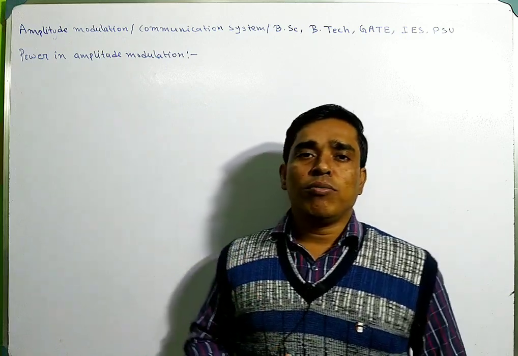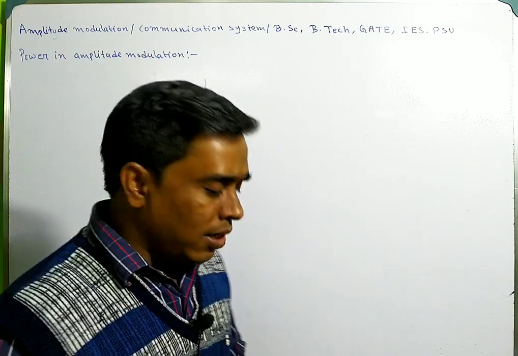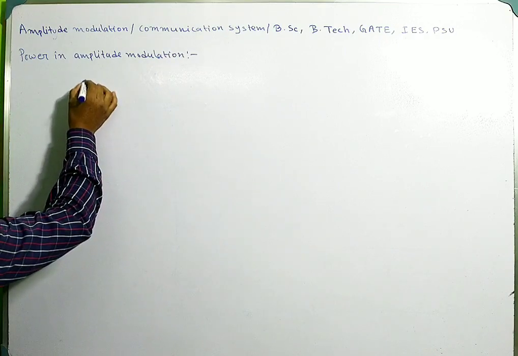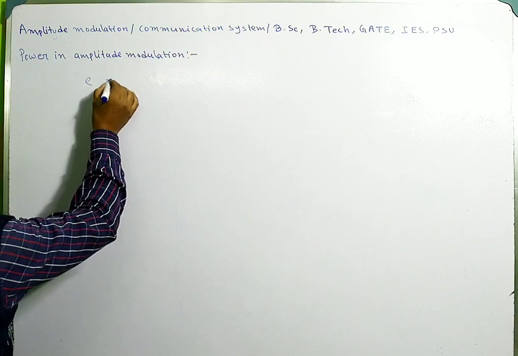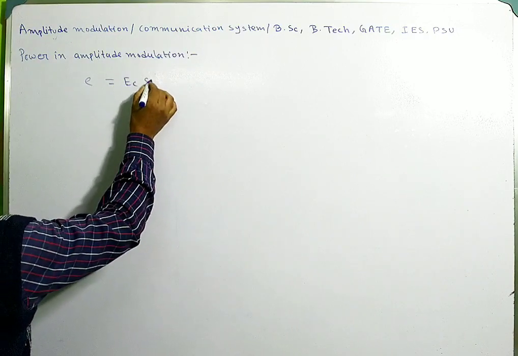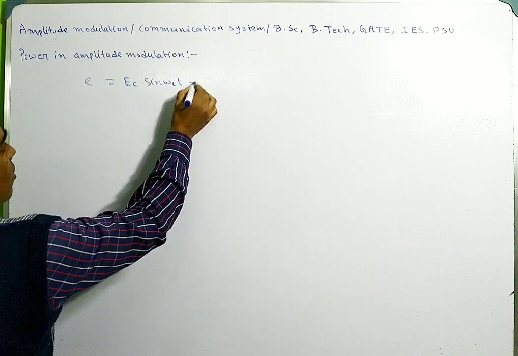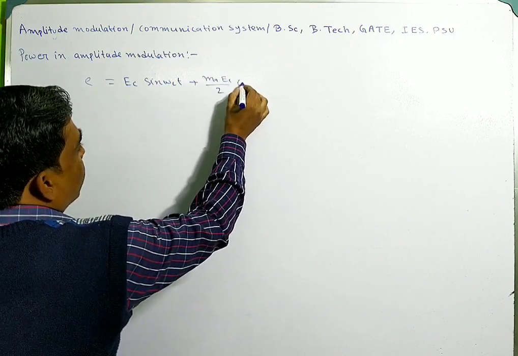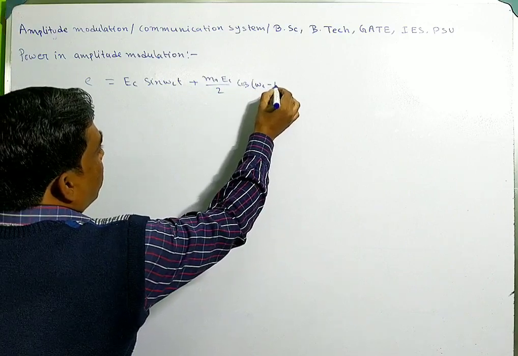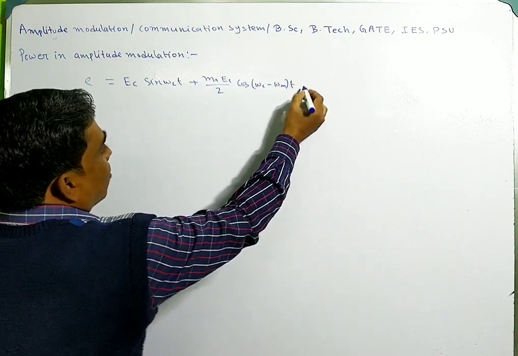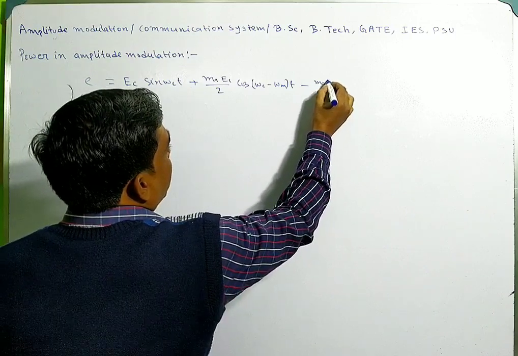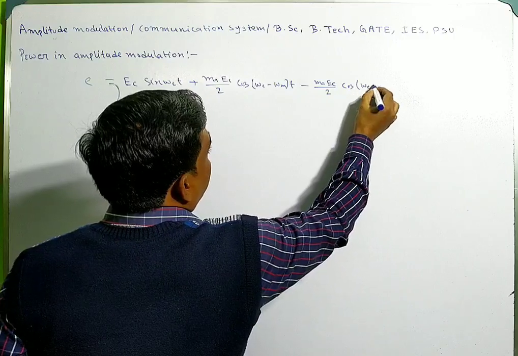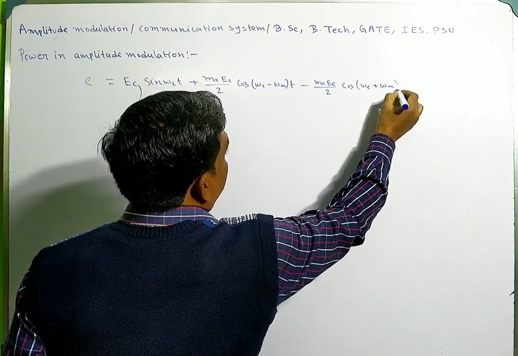Power in amplitude modulation. We have proved that the amplitude modulation voltage is equal to Ec sin ωct plus (Ma Ec divided by 2) cos(ωc − ωm)t minus (Ma Ec divided by 2) cos(ωc + ωm)t.